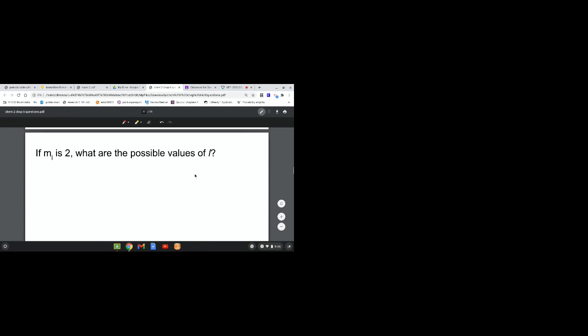If M sub L is 2, what are the possible values of L? So in order for this to be a 2, remember n is anything.